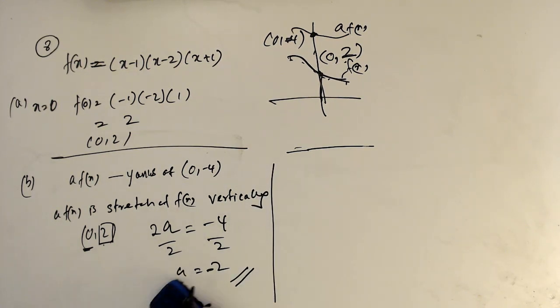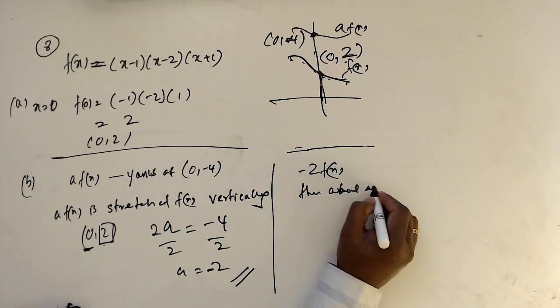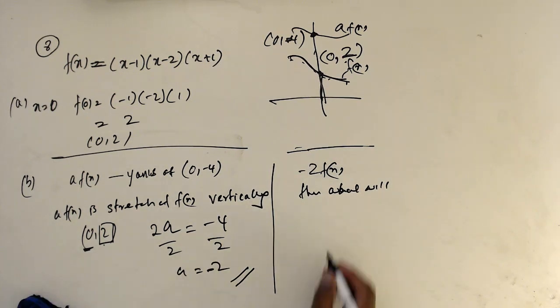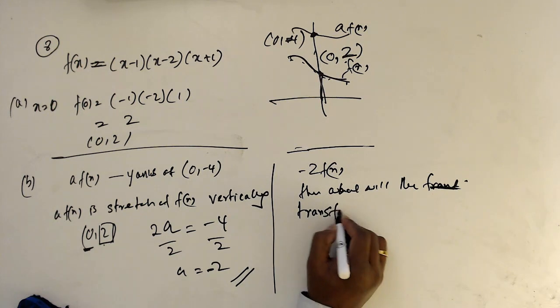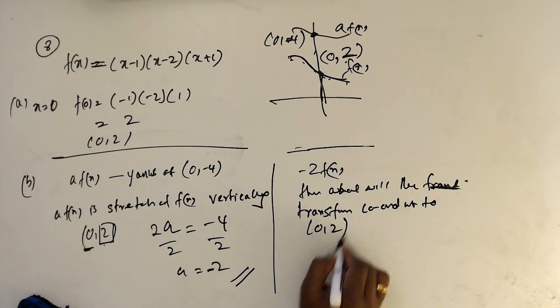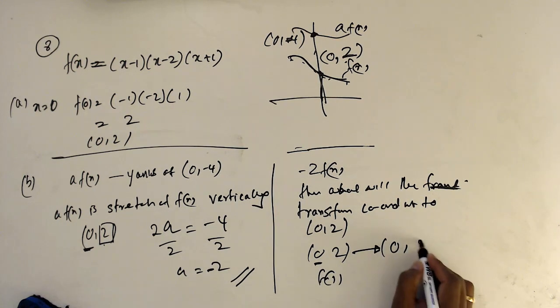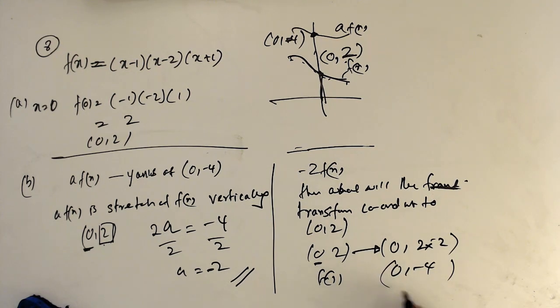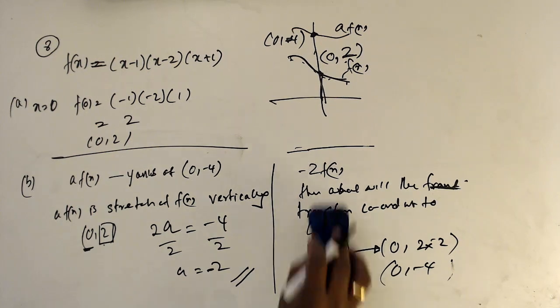You can think of the reverse thinking. If we have -2f(x), then what were the transformations? The coordinate (0, 2), we fix the x value of f(x) at 0, and we turn this 2 times -2 into (0, -4) when it is the af(x) curve, the -2f(x) curve.